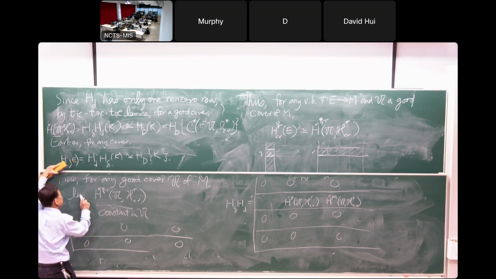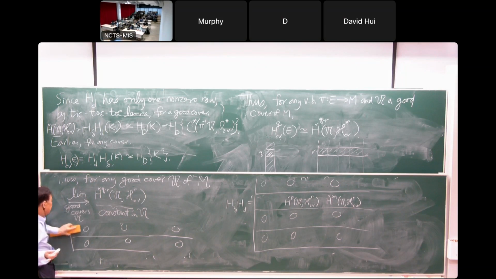Therefore, when you take the direct limit over all good covers, you get the same thing because it's constant.